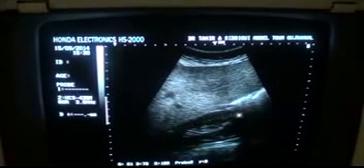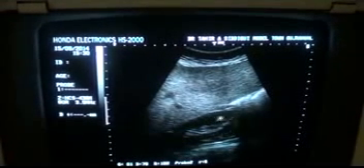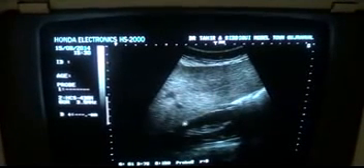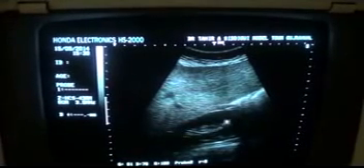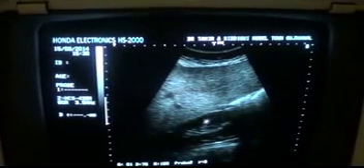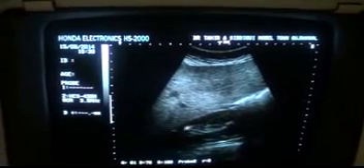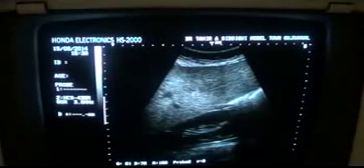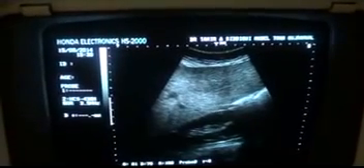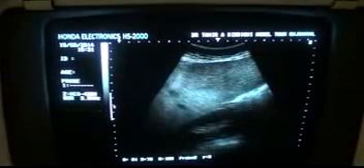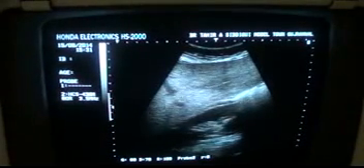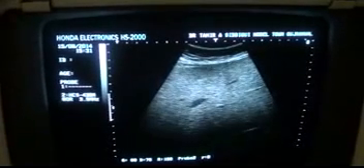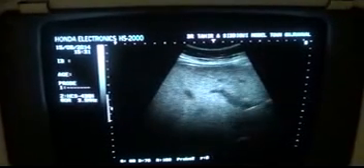The thickness of the parenchyma at upper, mid and lower region is preserved, and it appears as if the echogenicity of the parenchyma has significantly gone down when we compare it with the liver anterior to this kidney. Now why this kidney? Is this kidney a diseased kidney? Now you see that the liver is fatty, showing fatty liver changes.